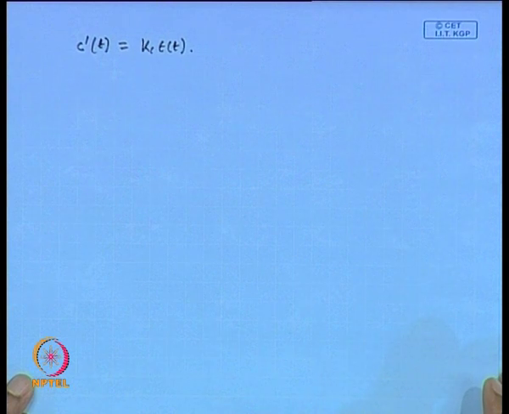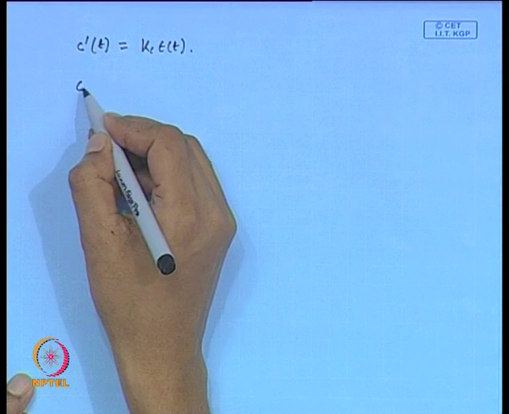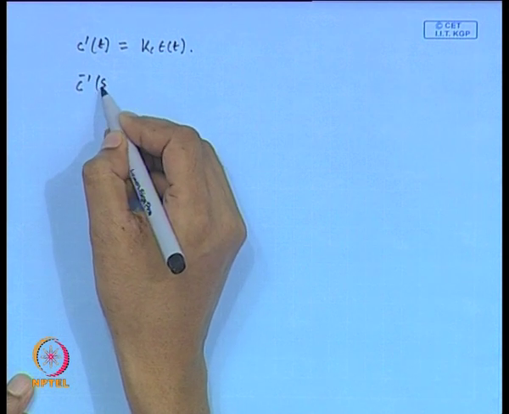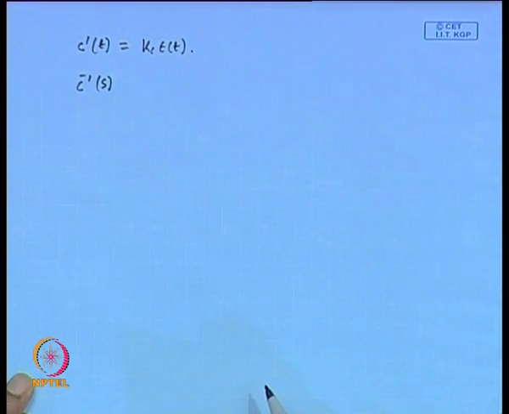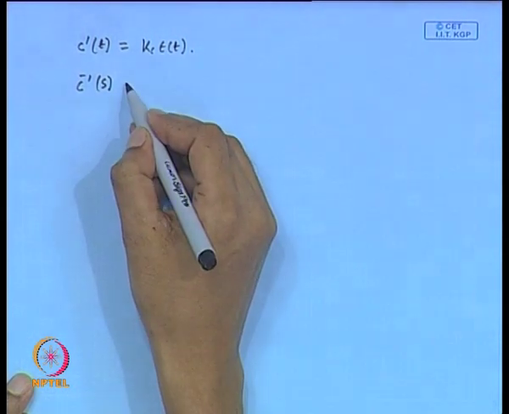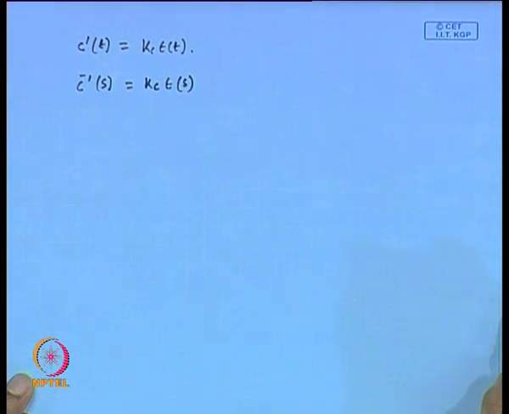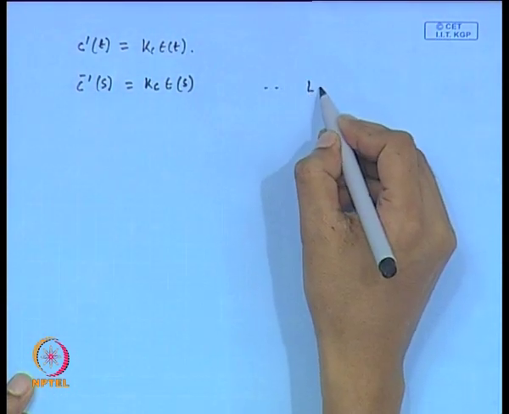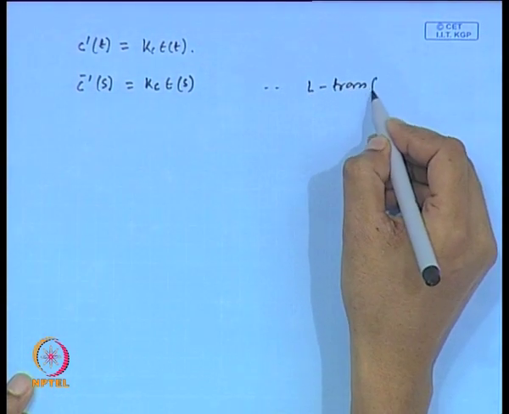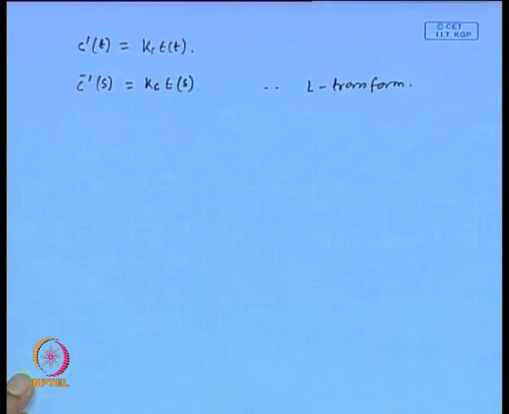Now, if we take the Laplace transform of this, then we obtain C prime bar s equals K C epsilon bar s.